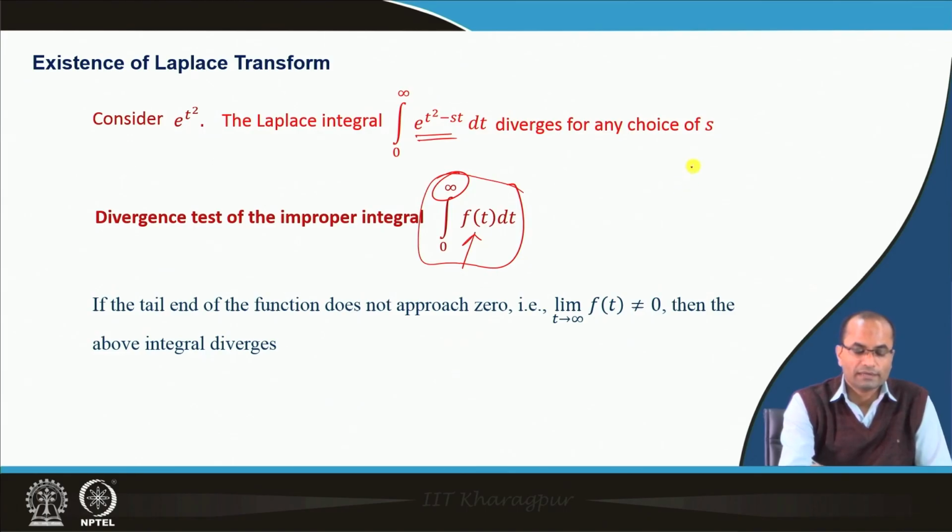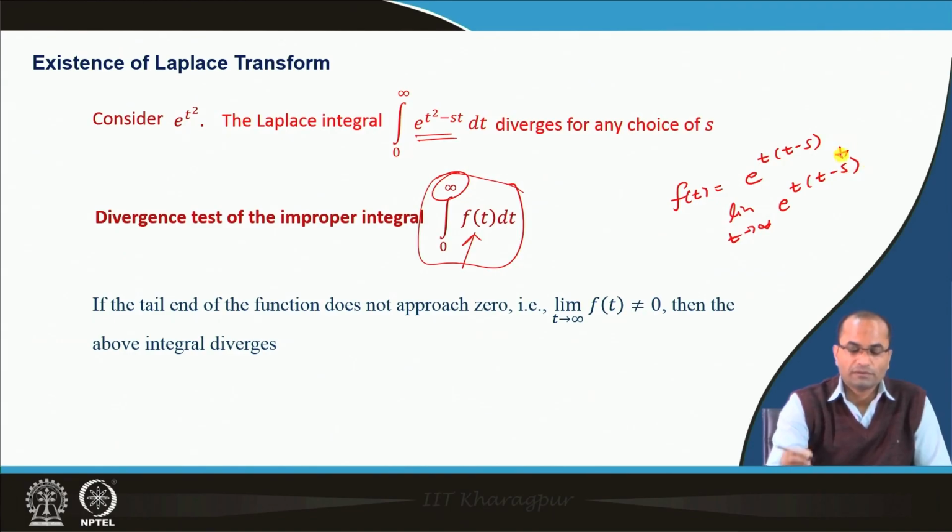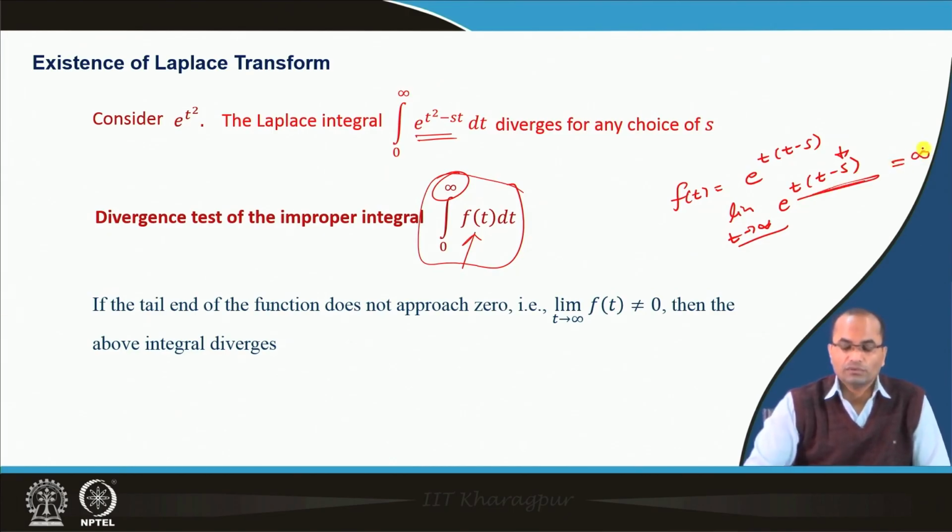So, if we look at this f t, the integrand, it is e power t square minus s t. If we take the limit as t approaches infinity of this e power t square minus s t, whatever value of s we choose, this will go to infinity; it will never go to 0, because of this t square minus s t factor here, and t can be very, very large.